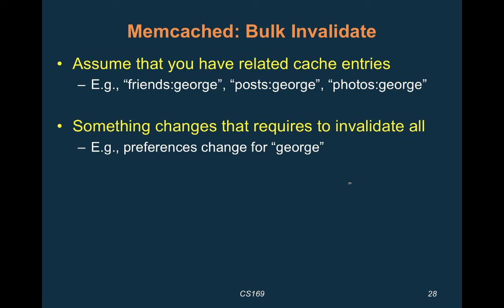And we know that we cannot ask Memcached to enumerate keys that match George. And even deleting keys explicitly is a little bit iffy because the delete message may get lost. Each of these has its own expiry of an hour, let's say, but you don't want to wait an hour to kick this stuff out of the cache. So what can you do? And there's a very important trick.